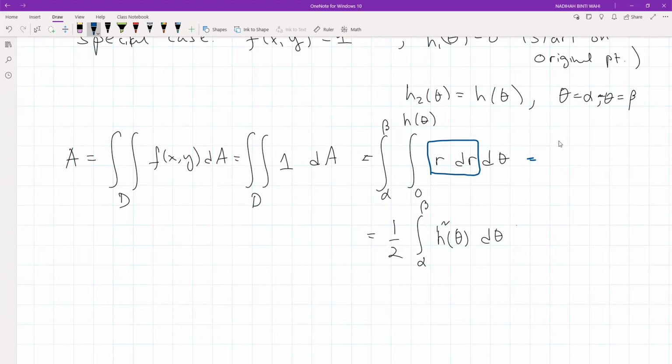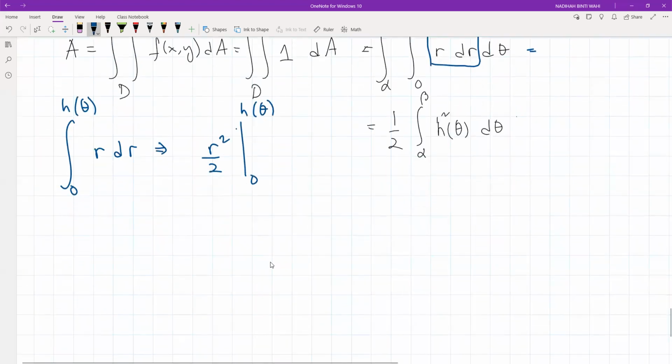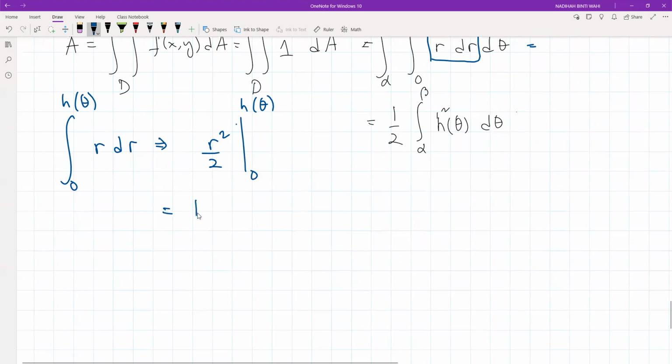So if you evaluate the inner part, kalau saya buat kat sini, from 0 to h theta r dr. So this is just r squared over 2 evaluated from 0 to h theta. Okay, so dia akan jadi h squared of theta divided by 2. So kalau saya take out the constant, dia akan jadi macam ni.